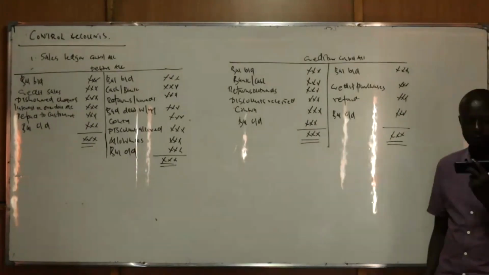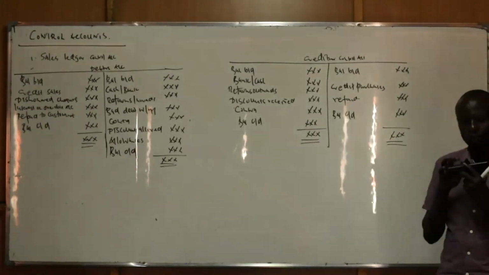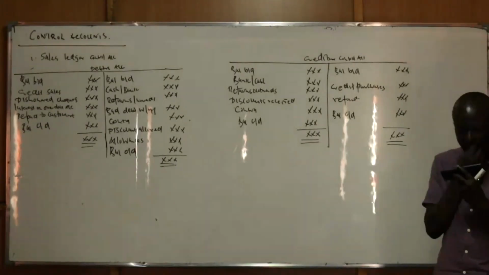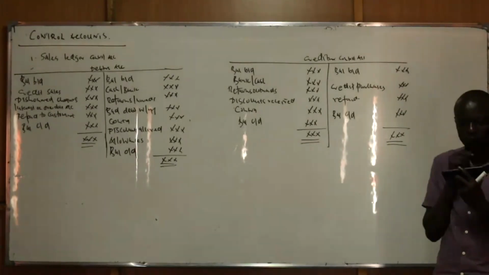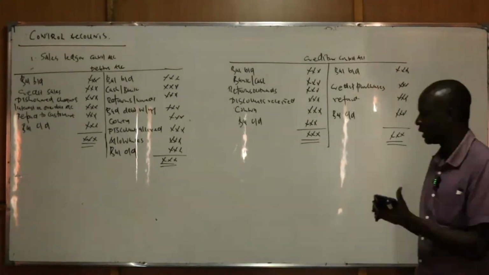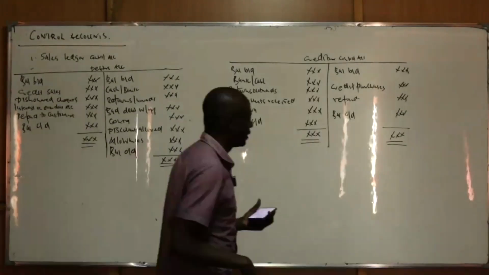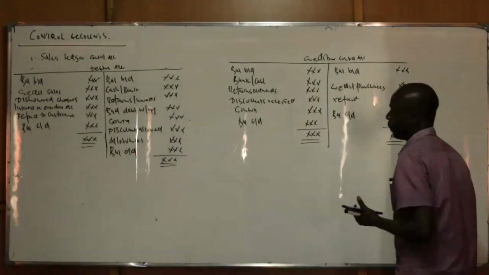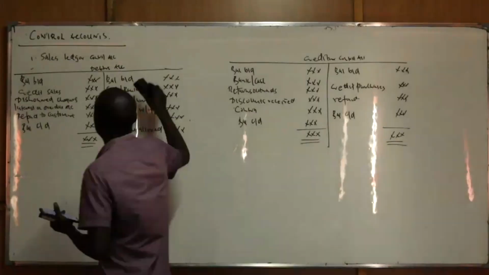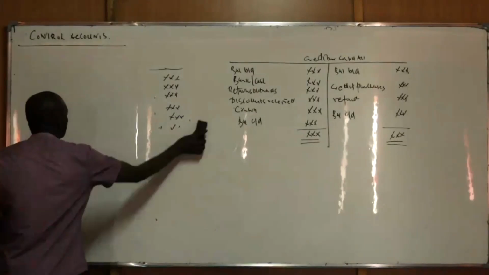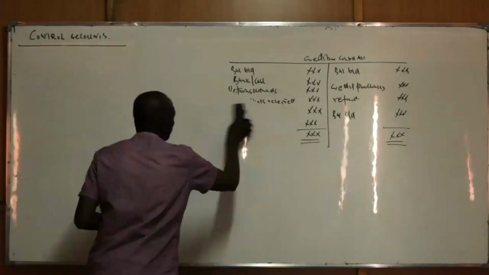Required: the sales ledger and purchases ledger control accounts for the month of November 2020. You have been given a list of items, and you are supposed to prepare the sales ledger and purchases ledger control accounts. So you will open them concurrently.